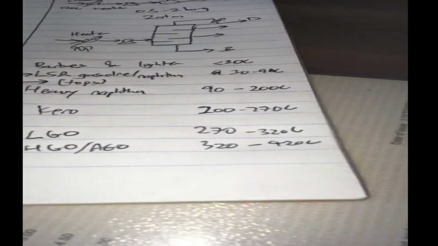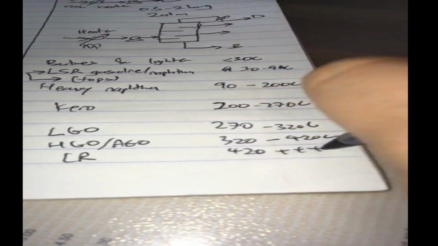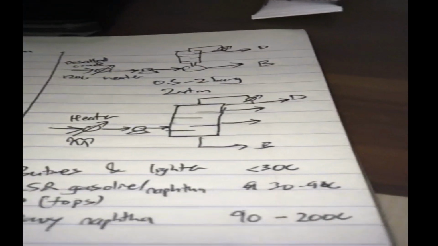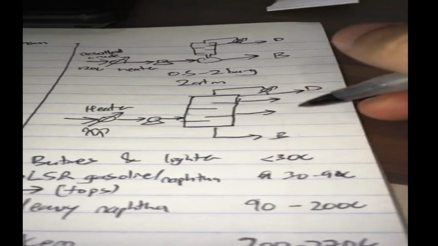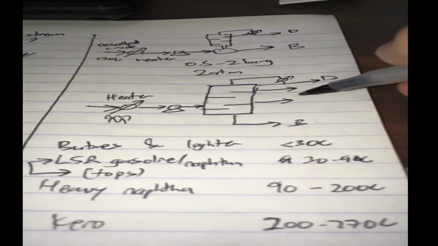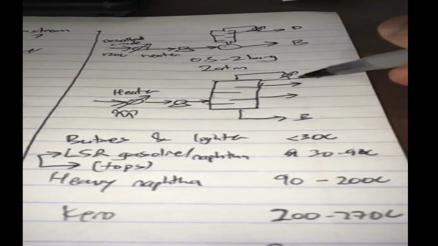And next, we have our long residue. It's 420 plus. Okay? So this is our bottoms. Because its boiling point is so high, it will be drawn off at the bottoms. And hopefully you have butanes, light straight runs, heavy naphtha, kero, light gas oil, heavy gas oil, all from here.